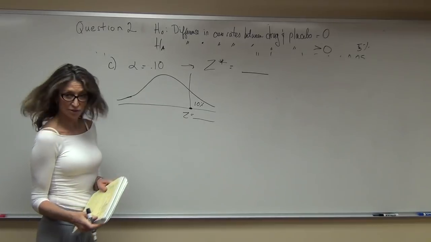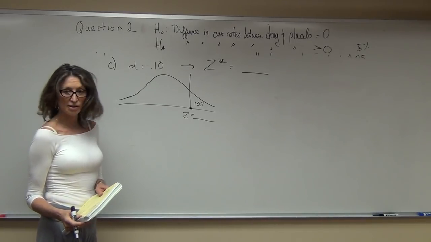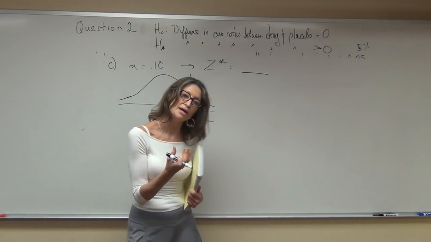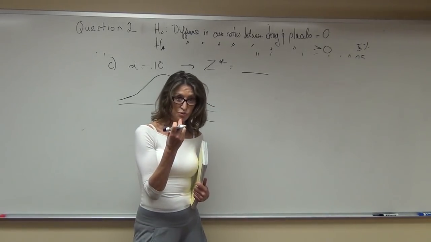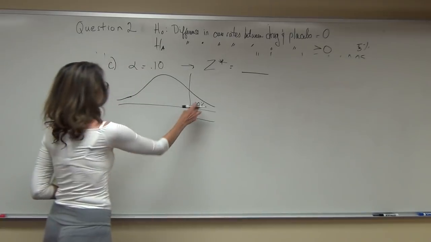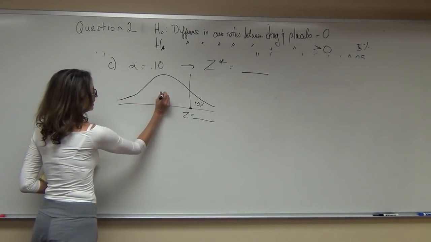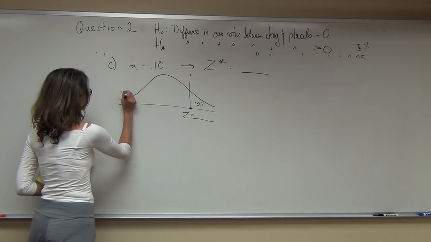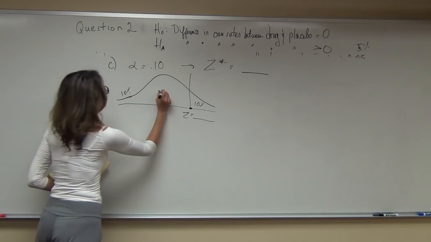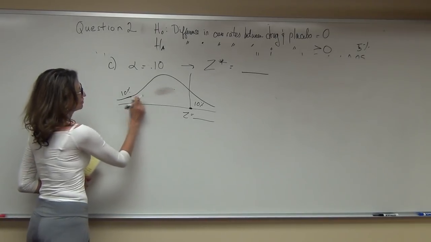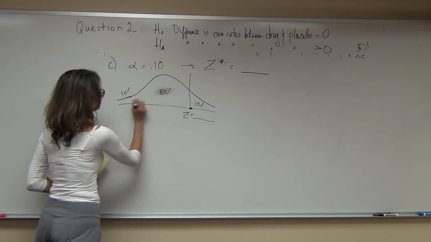And so we're going to have to look in the table that you're going to be provided on the exam. You'll have the middle area, and you'll find a Z-score corresponding to a particular middle area. So 10% here, imagine, would be what? You'd have to have a 10% in the tail there, and what it would leave is 90% all the way to there, but 80% in the middle.